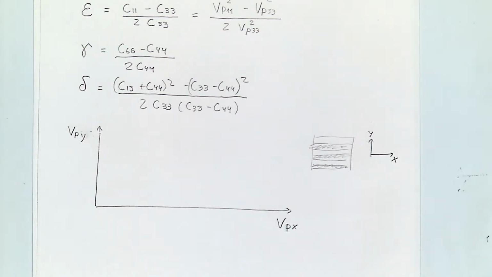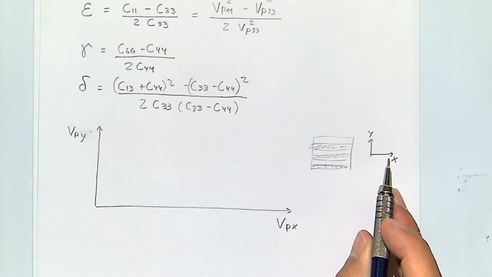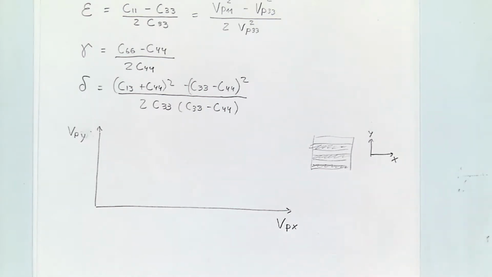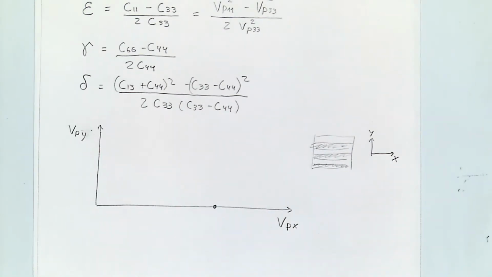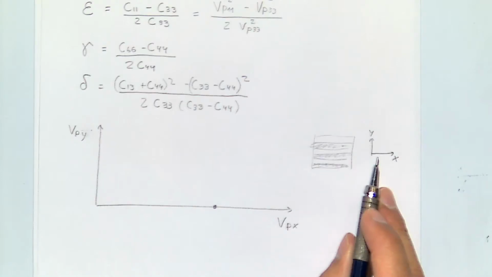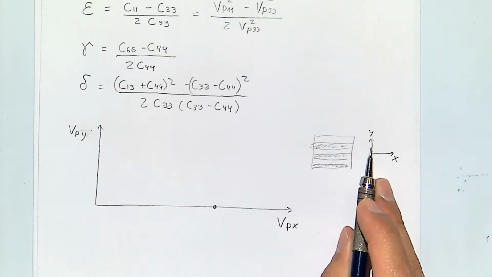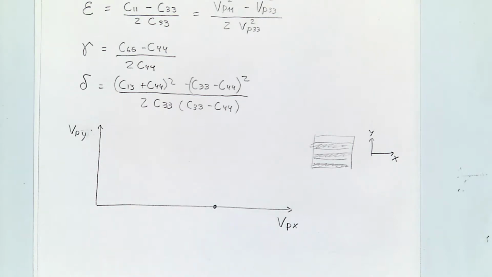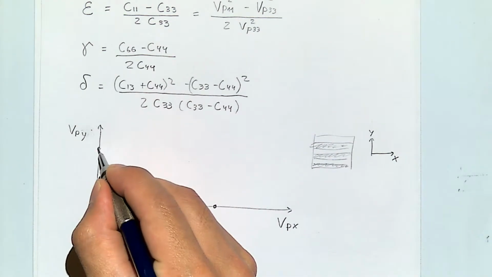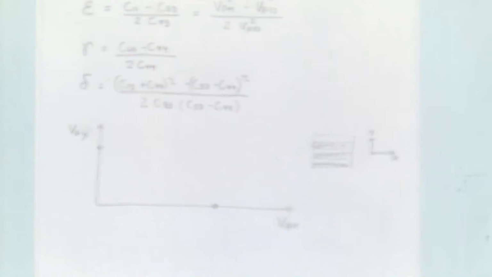So when I'm in the x direction, the P wave velocity is going to be the horizontal velocity, and let's say it's a value somewhere over there. When I am in the vertical direction, the P wave velocity is going to be the vertical velocity, and we know that's going to be lower than the horizontal velocity.